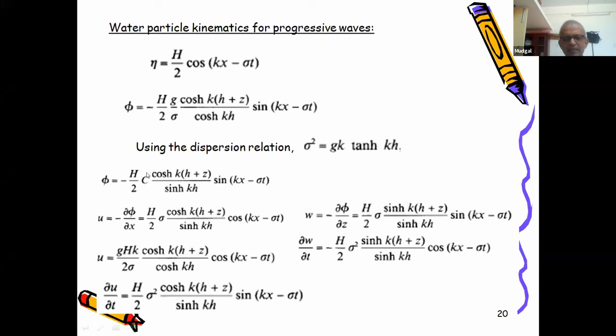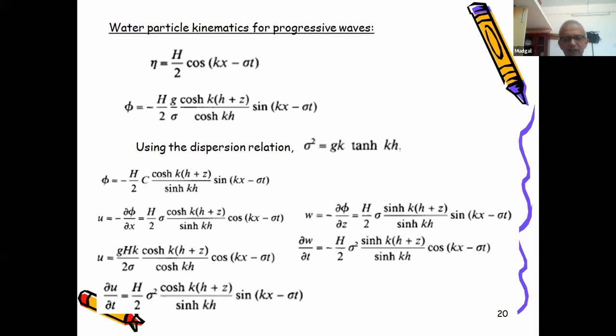And c is called the celerity of the gravity wave, which is nothing but sigma by k. Sigma is 2 pi by T and k is 2 pi by L. So if you substitute, you would get L by T, and that gives you the celerity of the wave.